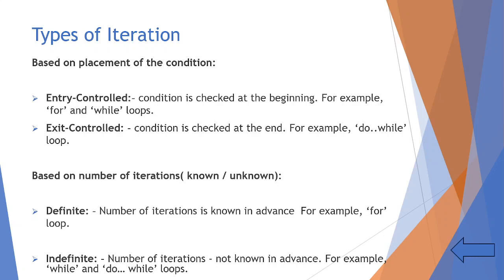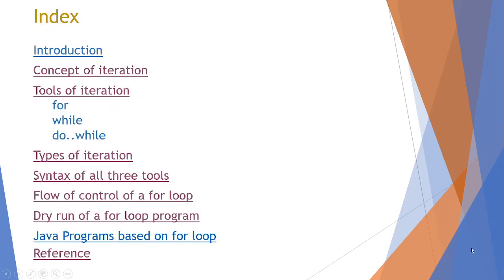It is not depending on 123. Unless and until we count, we don't come to know. So this way: entry control, condition checked at the beginning; exit control, checked at the end; definite, number of iterations known in advance; and indefinite, number of iterations not known in advance.